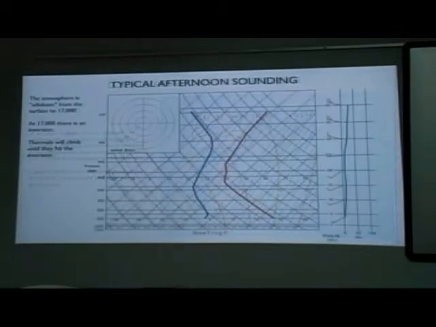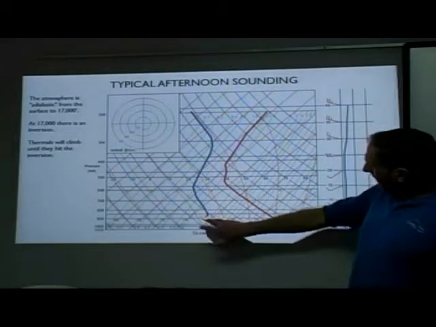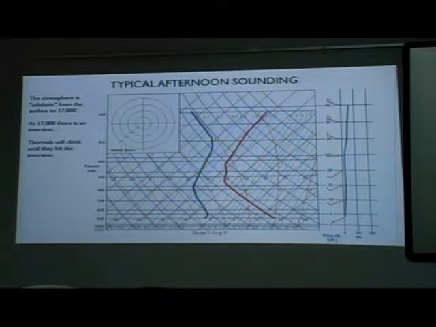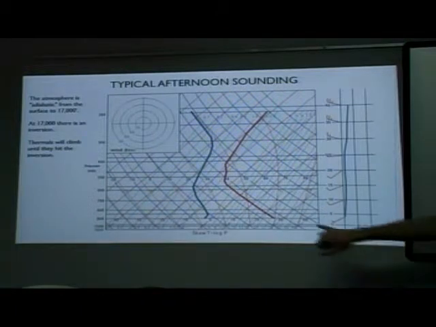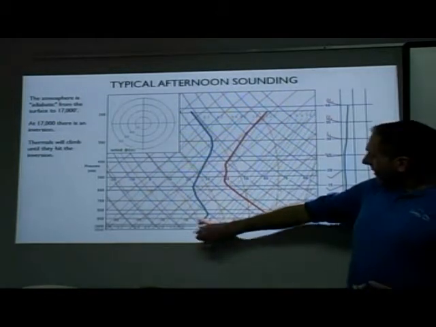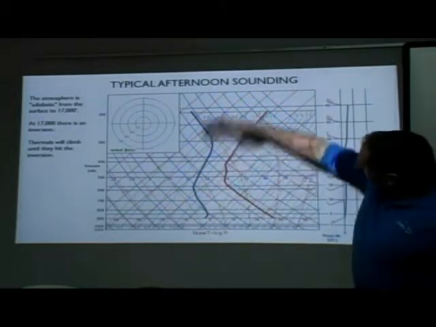One more thing. When I'm looking at convection, I'm only looking at, like we did in that previous slide, these two points, because that's the air that's going to heat up and start to rise. So I can ignore everything up here.